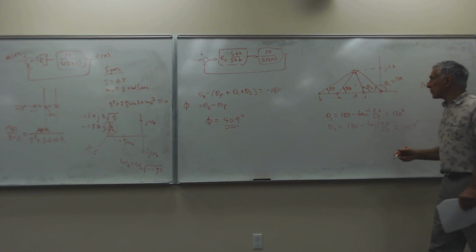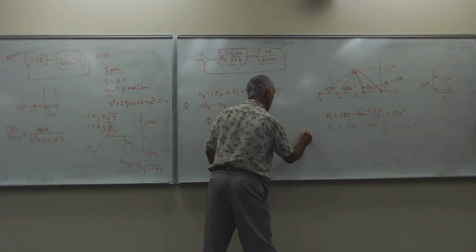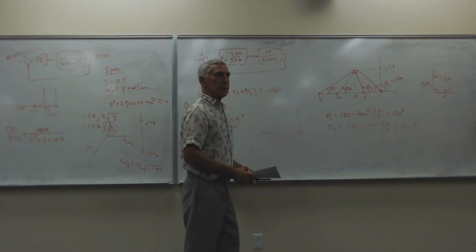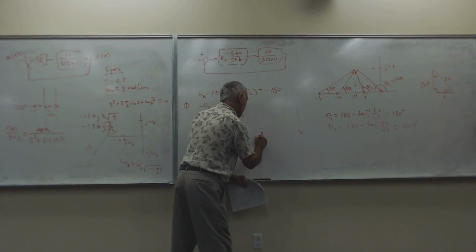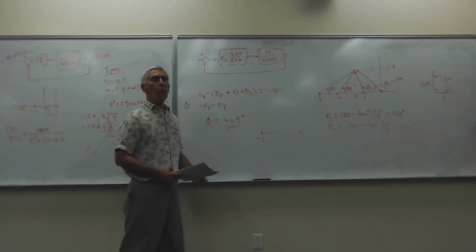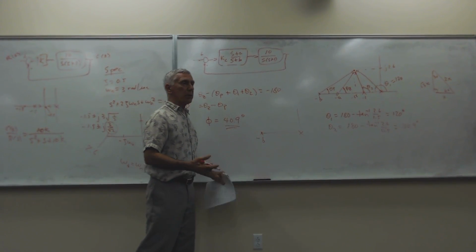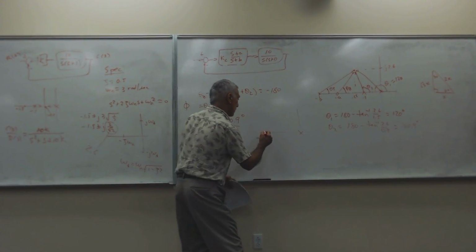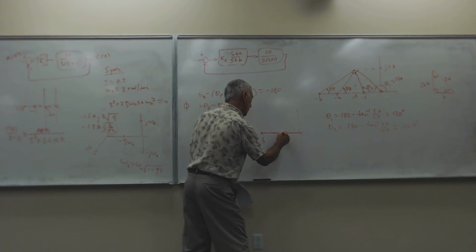So if you use pole zero cancellation, you still have the pole at the origin, and you have a pole at minus B. That's the pole of the lead compensator. And what does the root locus look like? It looks like that, it breaks in the middle.